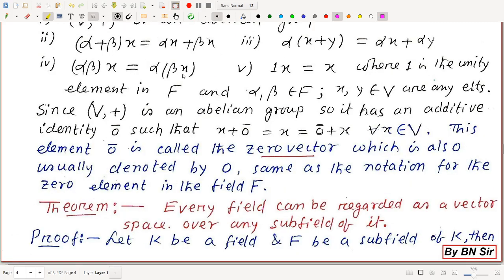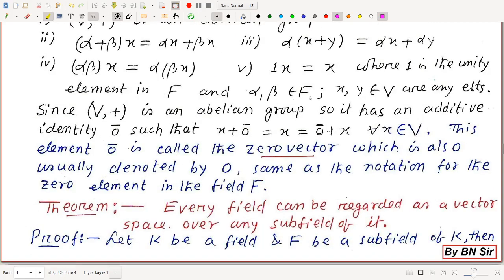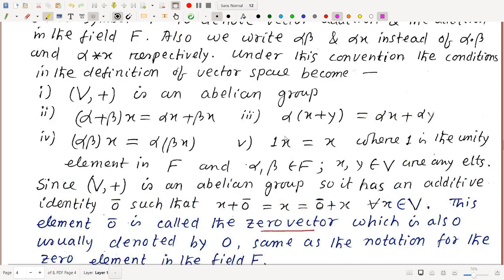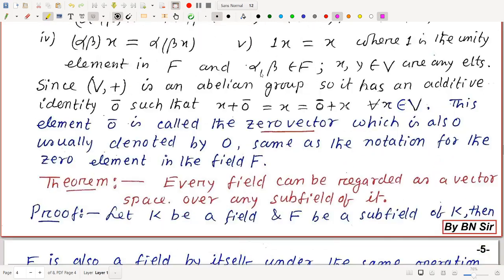Alpha beta bracket x is alpha beta x, as if associativity of multiplication, and 1x equal to x, as we know 1 into any real number is that real number. Although here x may not be a real number, and 1 may not be the real number 1, it is the unit in the field F. Alpha, beta belong to F, x, y belong to V, are any elements. So the conditions look very simple, very natural. These are almost similar to properties of real numbers.